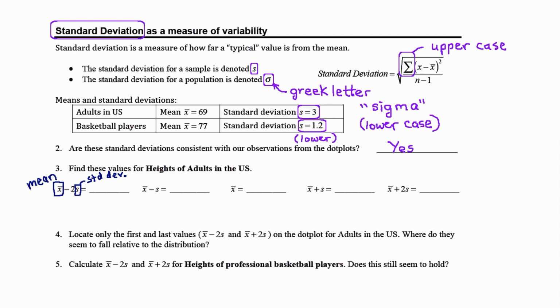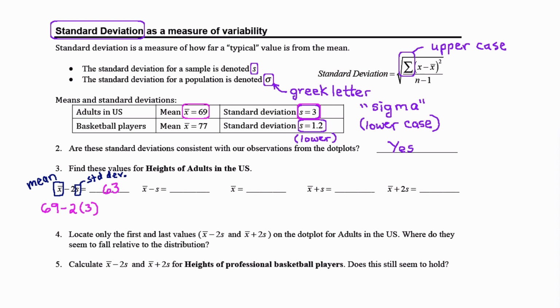So what we're going to do here is use the values we're given. We're given that the mean for all adults in the US is 69 inches, and the standard deviation of heights for all adults in the US is 3. And so we're going to do a quick little calculation of x bar, which is 69, minus 2 times S, which is 3. So this is really 69 minus 6, which is 63.